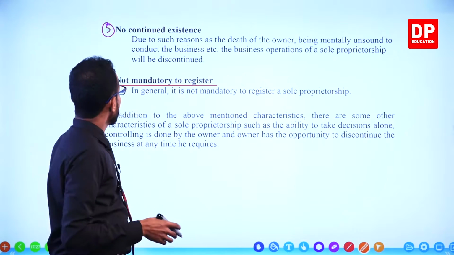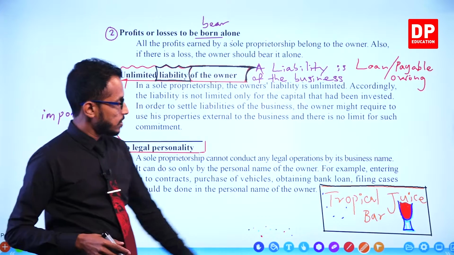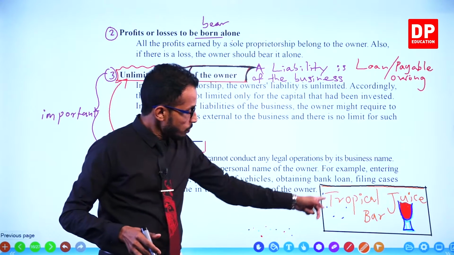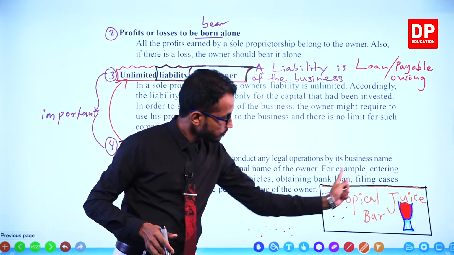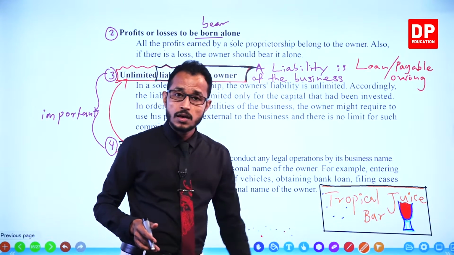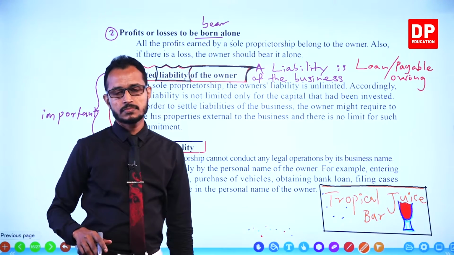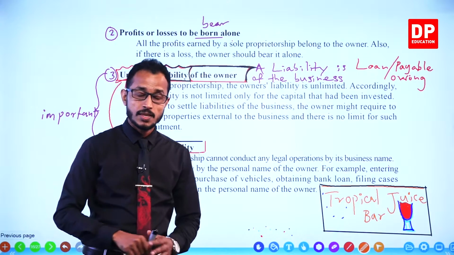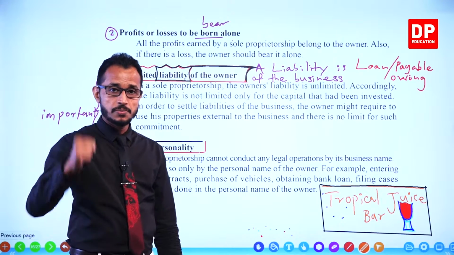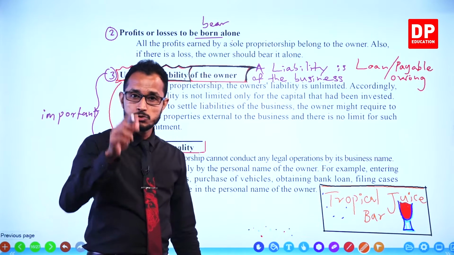But in the other example, when it's about your juice bar, you put up a name board. Then this must be registered. It's compulsory to register this business, your juice bar.